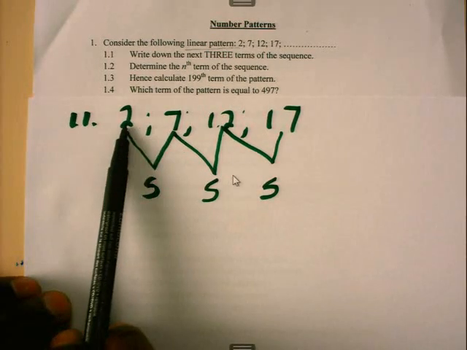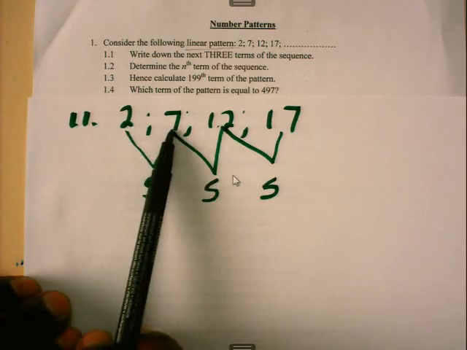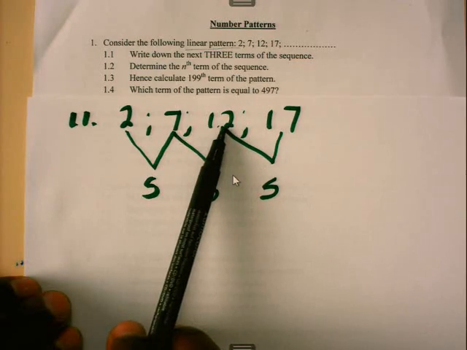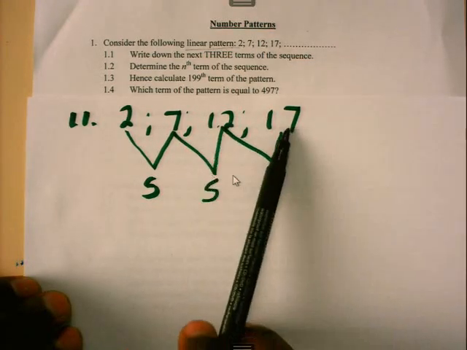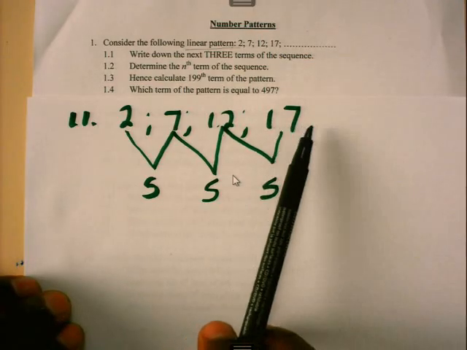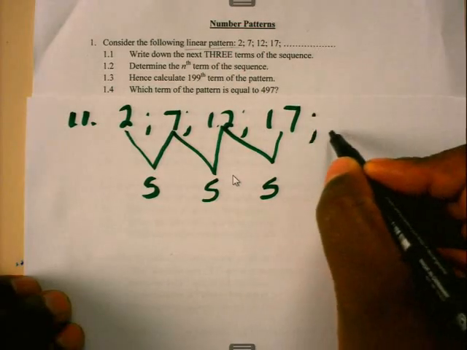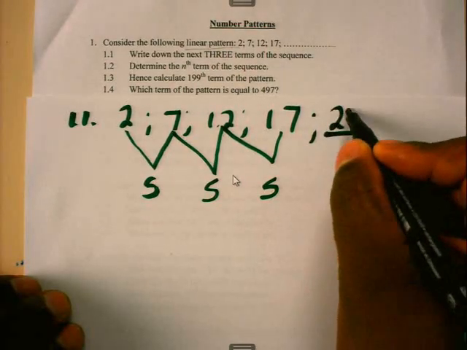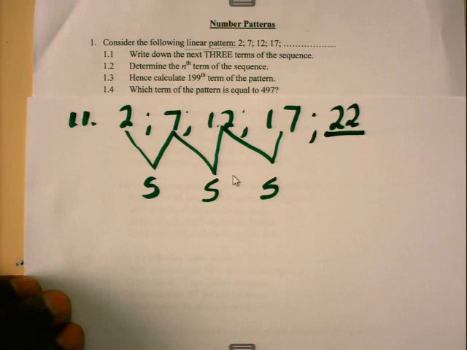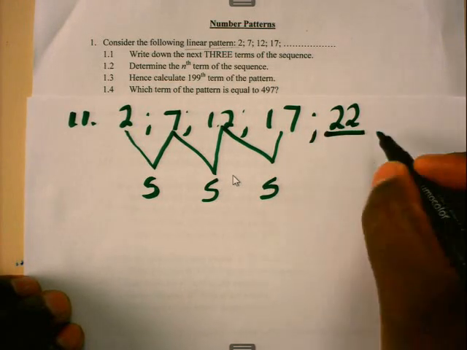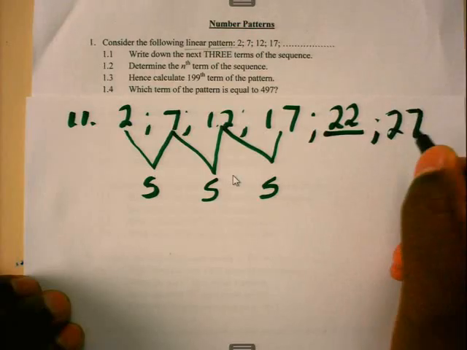It starts at 2. 2 plus 5 will give you 7. 7 plus 5 will give you 12. 12 plus 5 will give you 17. Then you continue the pattern. 17 plus 5 will then give you 22. Again, 22 plus 5 will then give you 27.